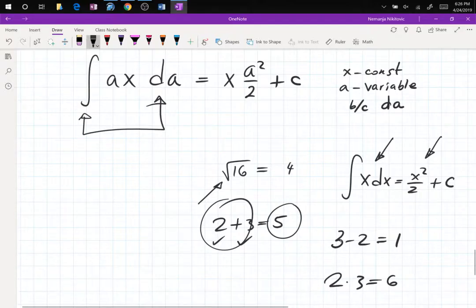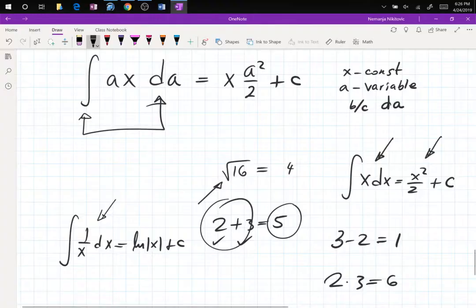We have more extreme cases. The integral of 1 over x dx is ln absolute x plus c. So now you have a rational function, 1 over x, changed into a logarithmic function. So integrals and derivatives change functions into different functions.